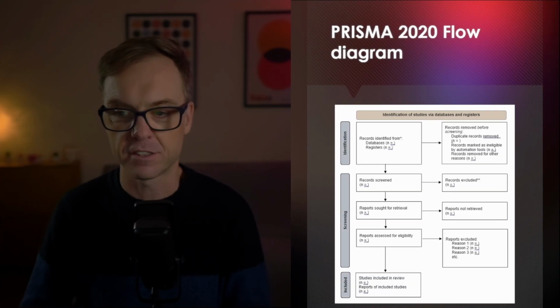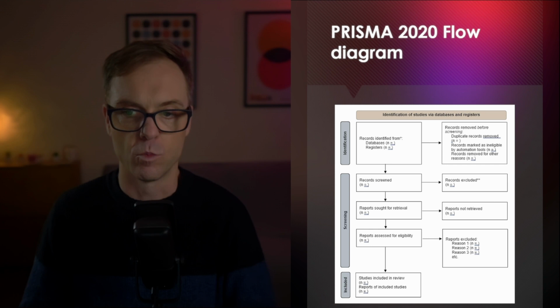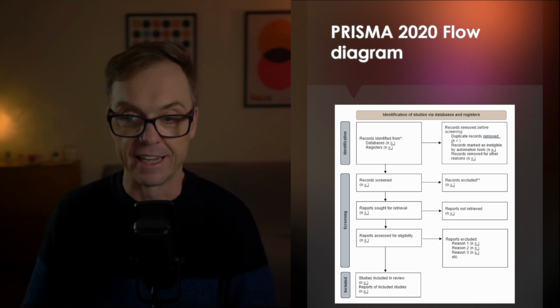So you can now see that I had my total previously, and I removed a number of duplicates. In the box at the top right under duplicate records removed, I would record 1825, and under records screened, I would record the number after deduplication, 987.